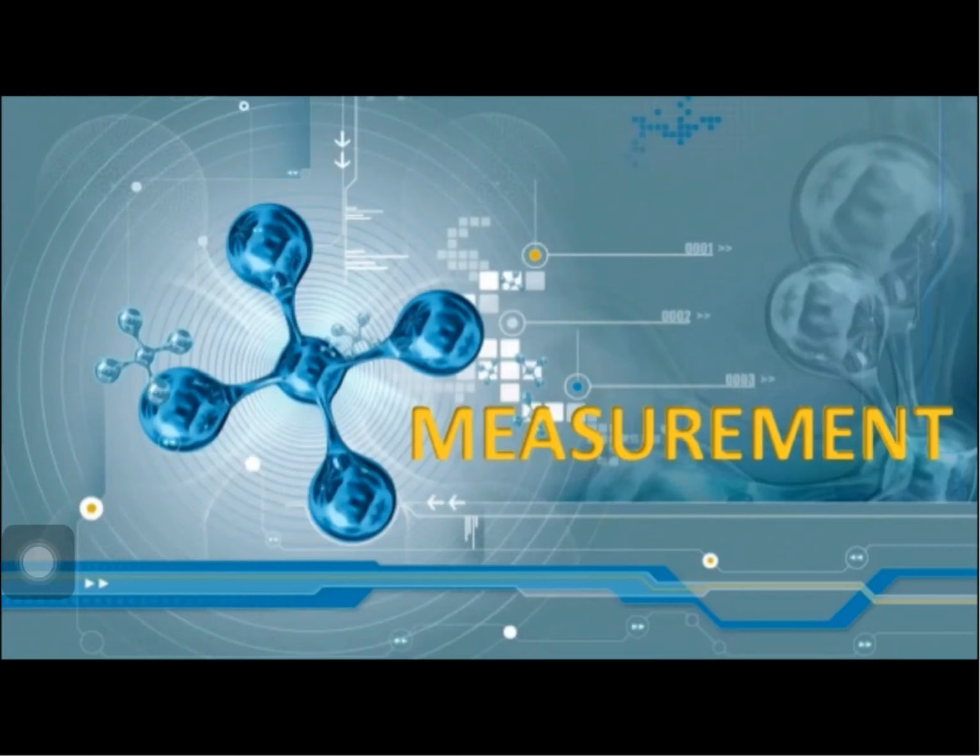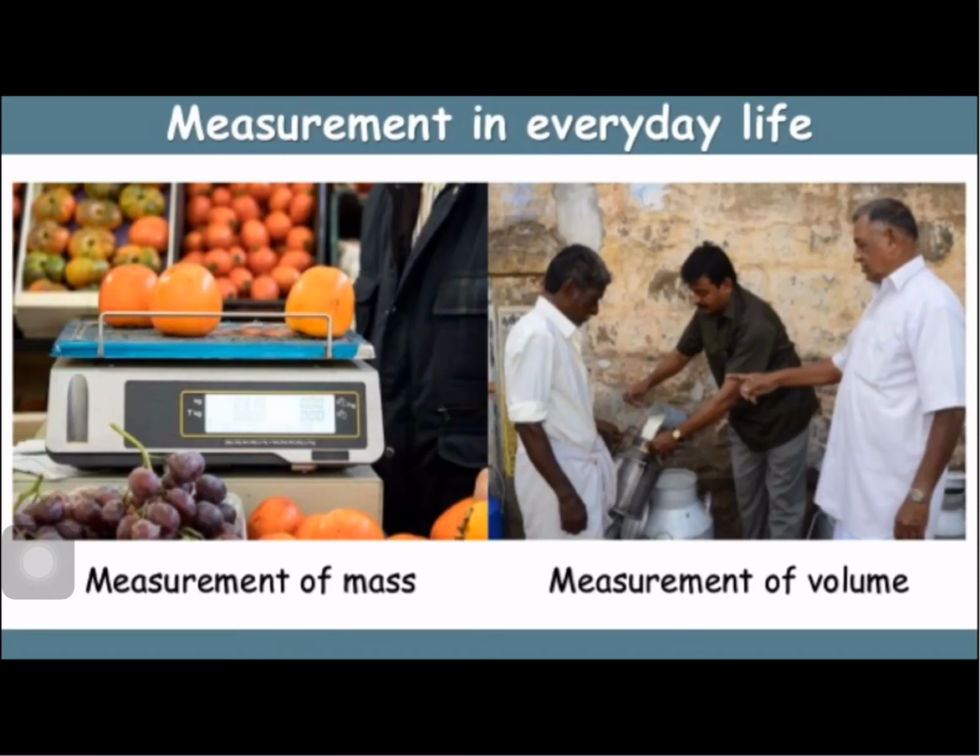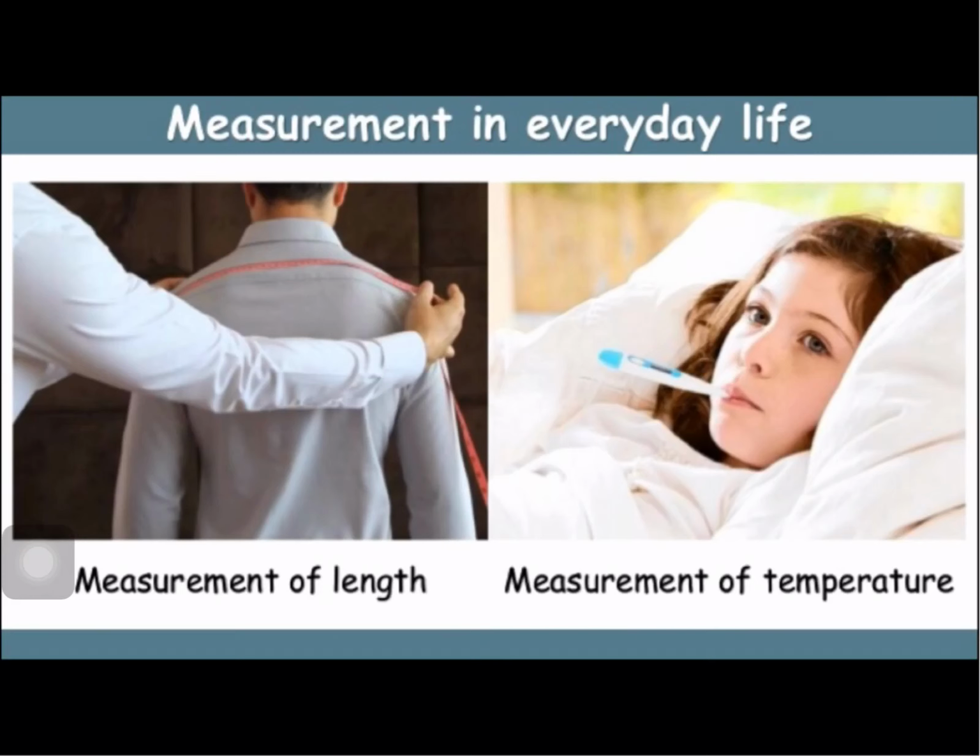Okay. Measurement is the first lesson in 11th standard. See the picture that shows everyday life. How do you measure? Measurement of mass with a digital meter, measurement of volume, measurement of length, measurement of temperature. These are all used in daily life.